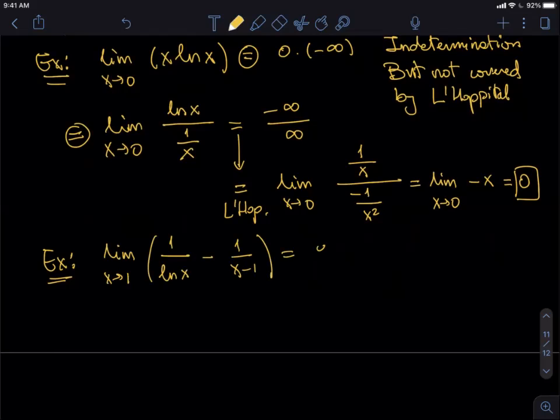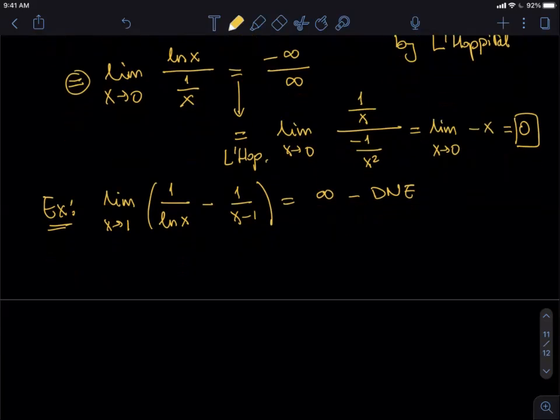I get infinity for the first limit, and for the second, it doesn't even exist. So this is an indetermination, but again, it's not one of the things that L'Hopital will handle right away. So we need to figure it out.